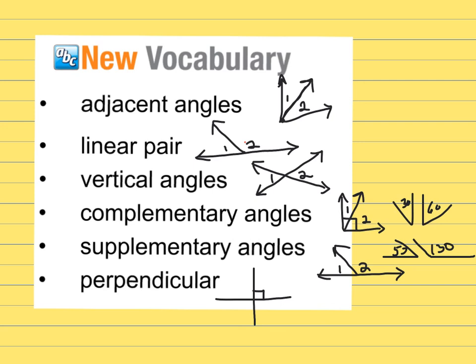We also have congruent adjacent angles. This symbol is what we use to show that those lines are perpendicular. And the symbol for perpendicular is this symbol right here.